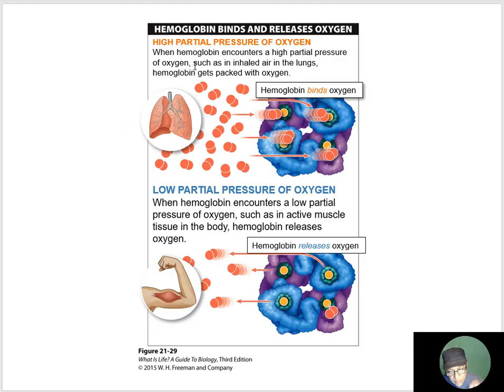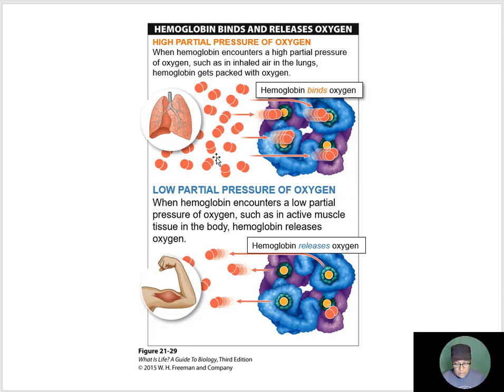when hemoglobin encounters a high partial pressure of oxygen, such as inhaled in the lungs, then hemoglobin gets packed with oxygen. And so here we can see hemoglobin binding oxygen. But when there is a lower partial pressure of oxygen, look at the oxygen molecules here, okay?